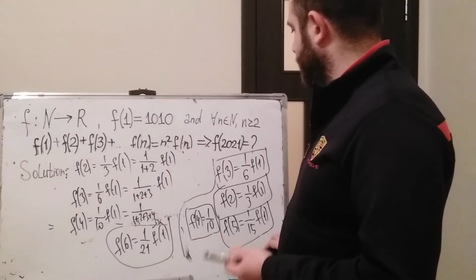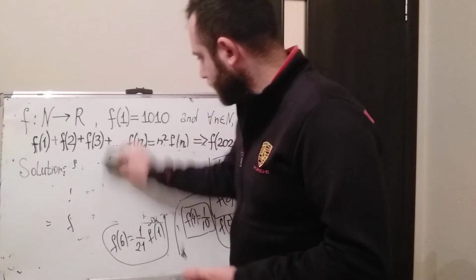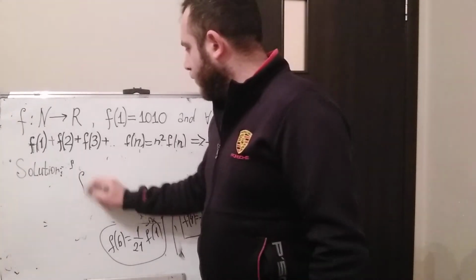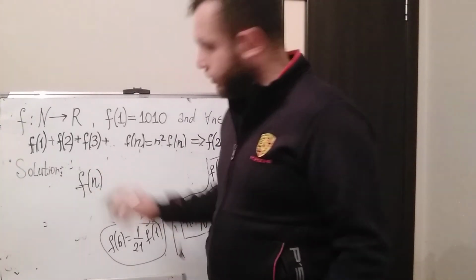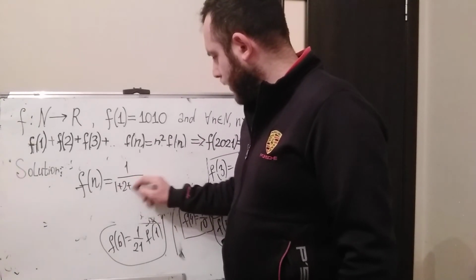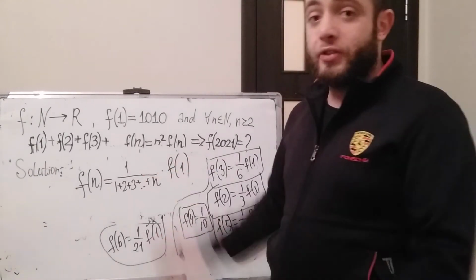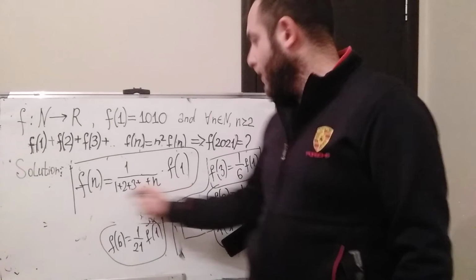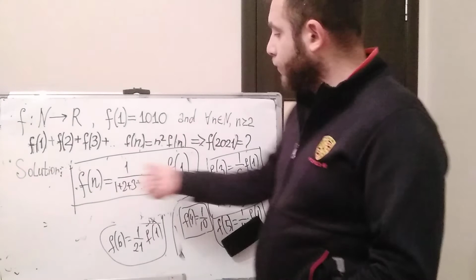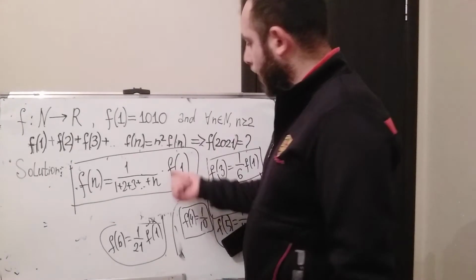If we generalize the point, we can write: f of n can be believed to be 1 over 1 plus 2 plus 3 up to n times f of 1. Here's our relation, a perfect relation. We found that f of n is equal to 1 over the sum of the first n natural numbers, from 1 to n, times f of 1.